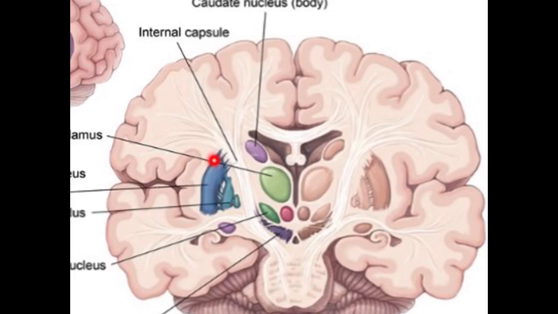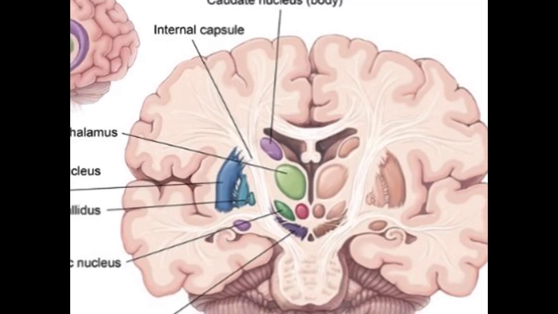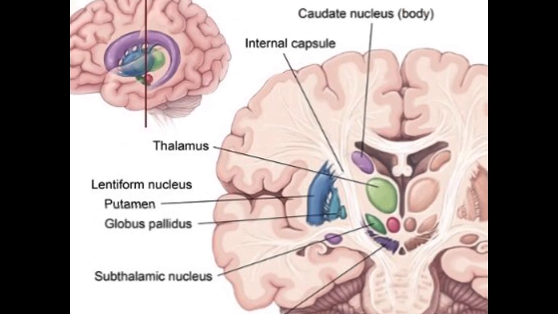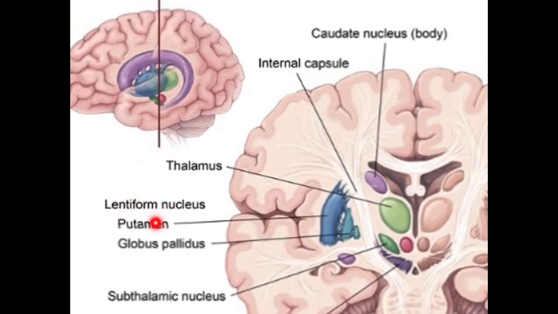These three structures are lenticular or lentiform in shape. That is why putamen and globus pallidus collectively are known as the lentiform nucleus.